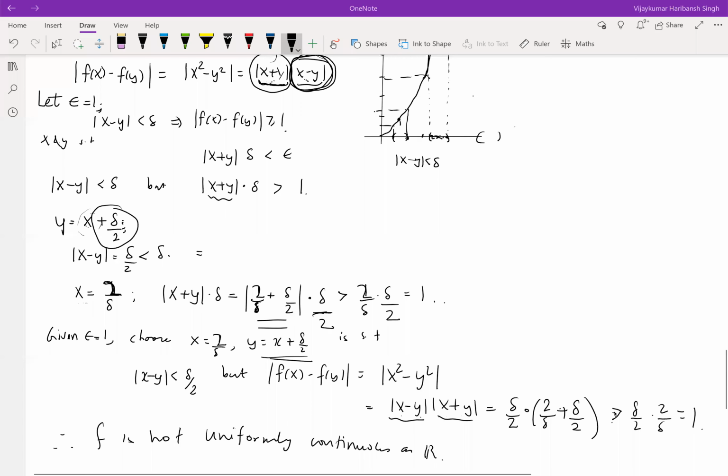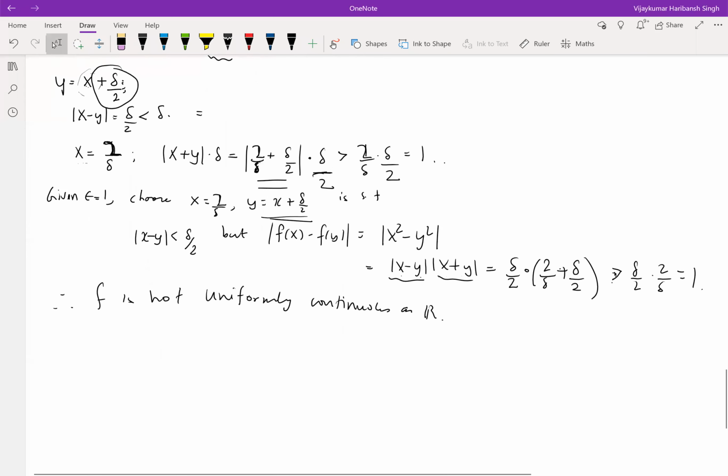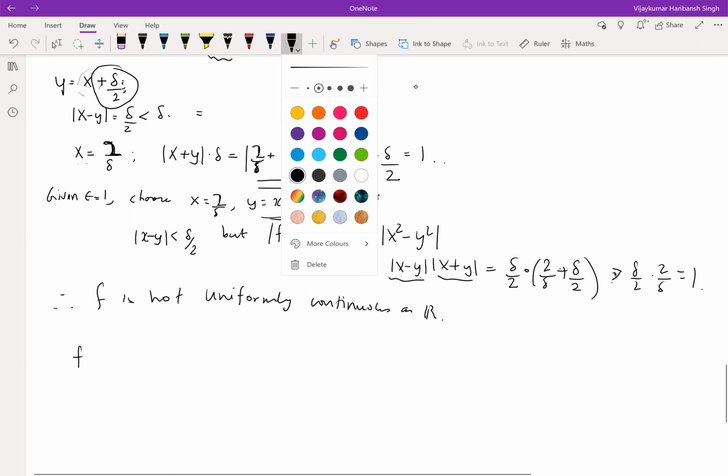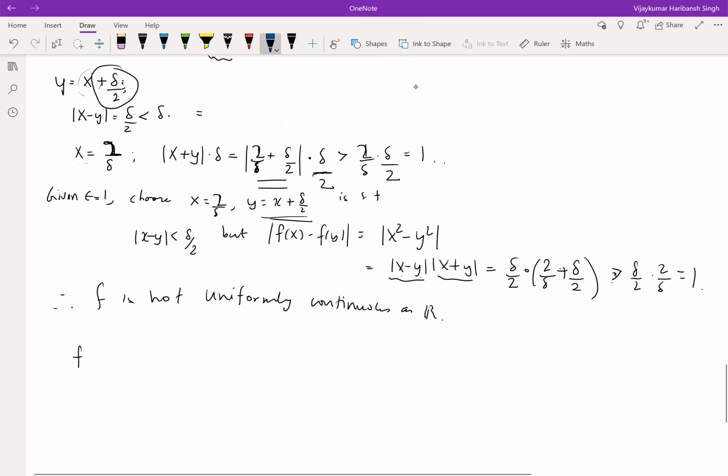So resume. Now you notice that f is not uniformly continuous on R. This is similar to what Ari's comment was, that the slope is unbounded. However, let's look at the following function. Let me change the pen.